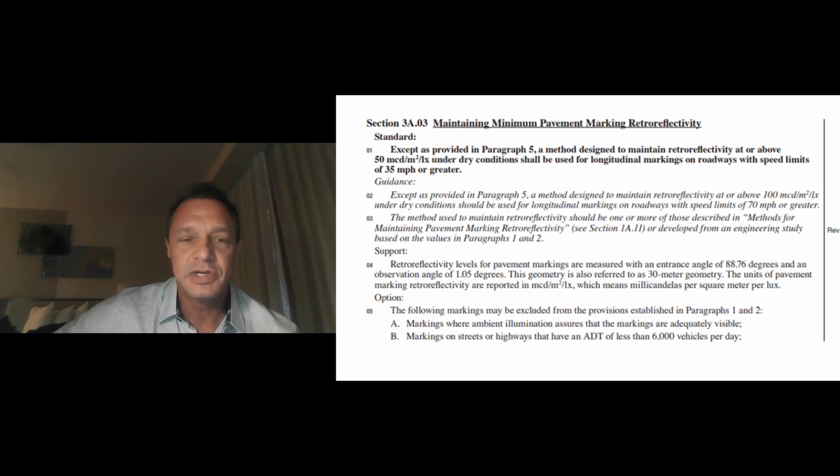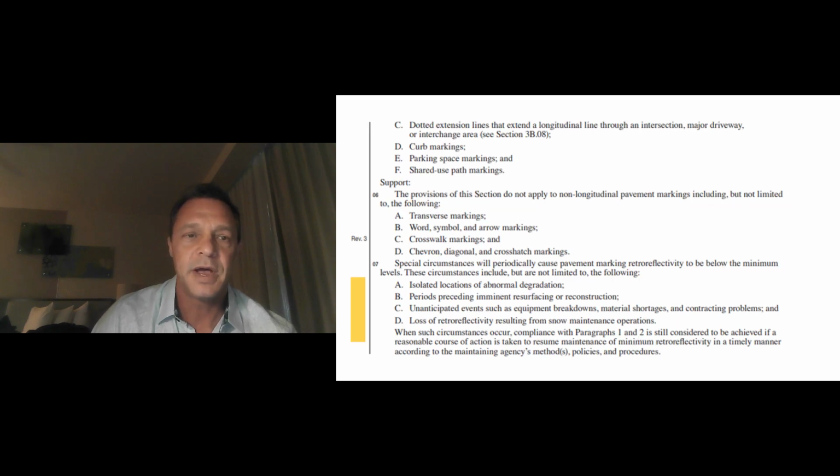The second part is just as equally important. Markings on streets or highways that have ADT of less than 6,000 vehicles per day. So if I've got a low speed roadway of 30 miles an hour or below, or I've got a low volume roadway with ADT less than 6,000, those are some important thresholds that seem to be missed by many people as they try to implement this particular final rule. Some other areas where exceptions are provided are continued on the following page of the MUTCD.